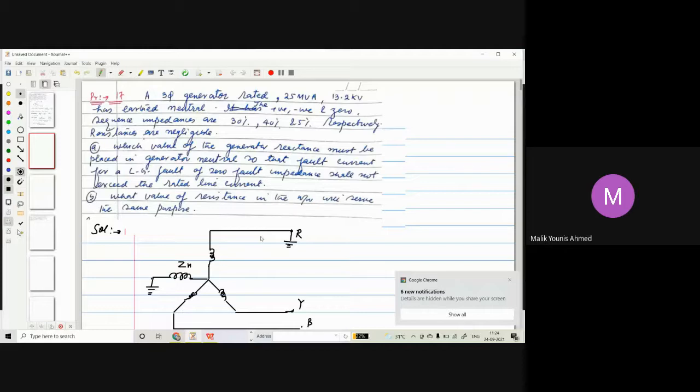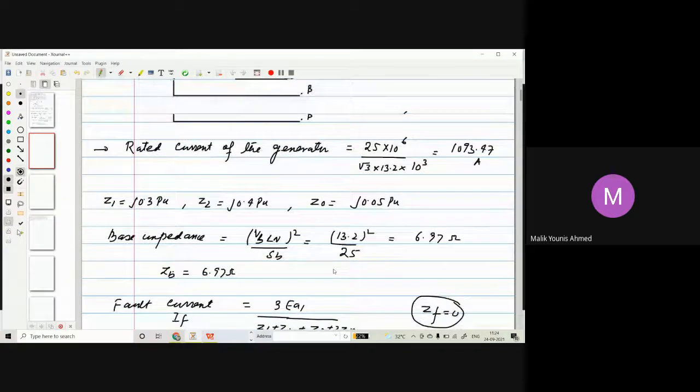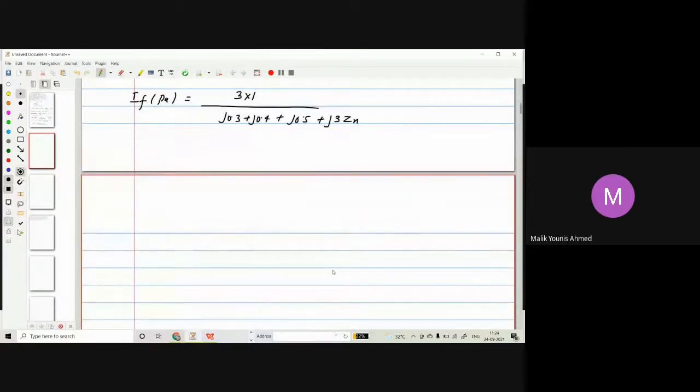So please remember this type of question, that's why I have chosen it. The fault current for the LG fault with zero fault impedance shall not exceed the rated line current. Rated line current is always 1 per unit. So the fault current will also be 1 per unit.